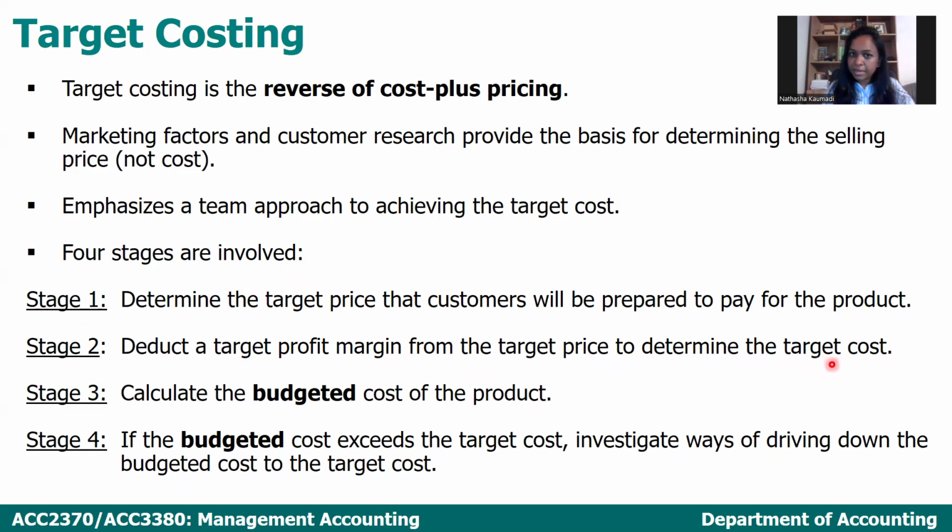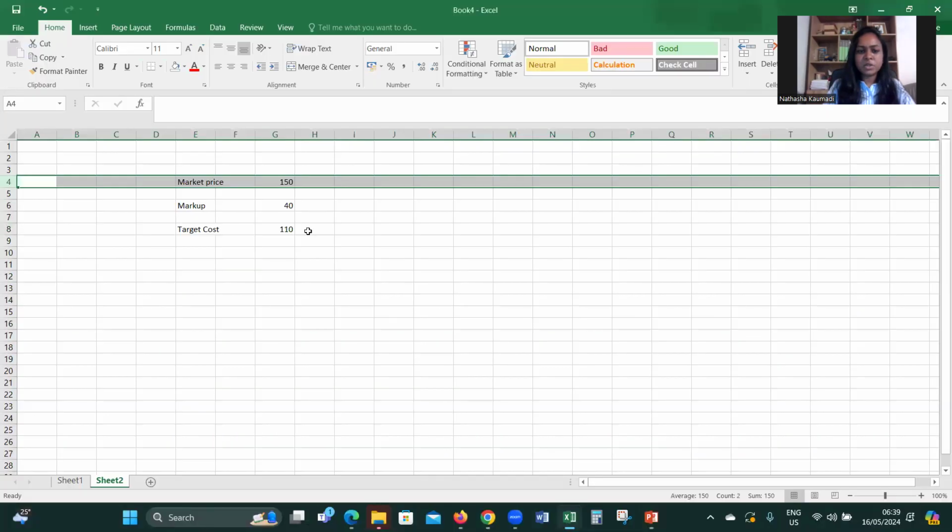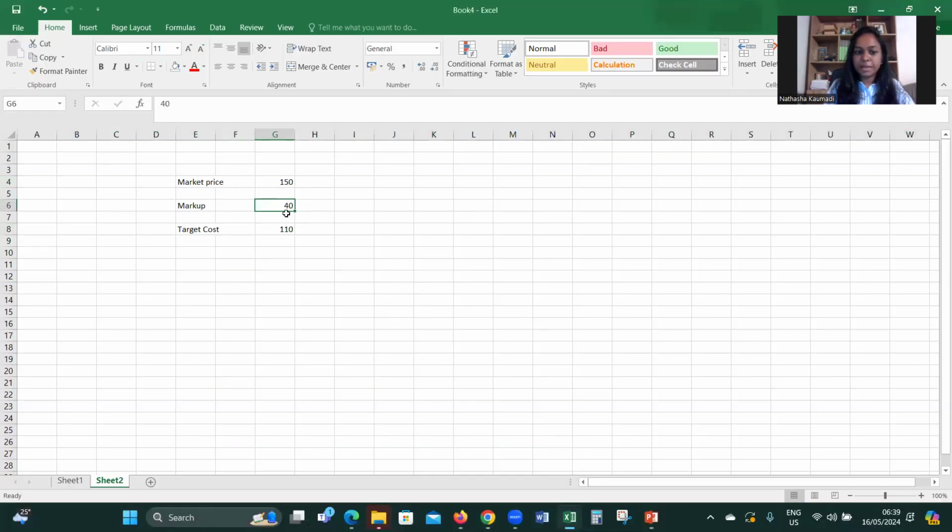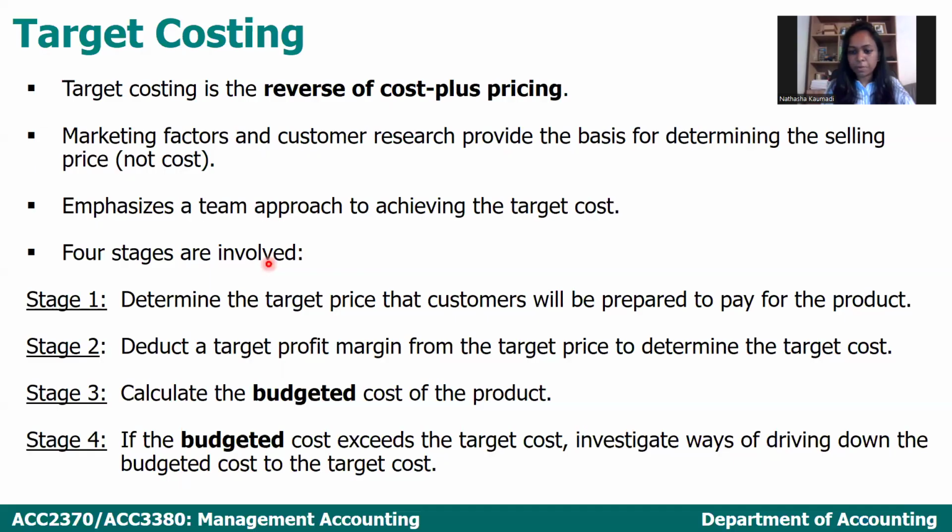In my case, it's 40 rupees, so I deduct my 40 rupees. Then our cost should be 110. If my cost goes beyond that, that's a problem. So my target cost is 110 rupees. That is the second step.